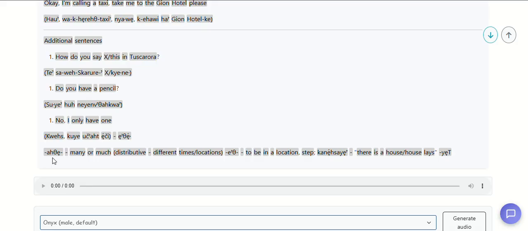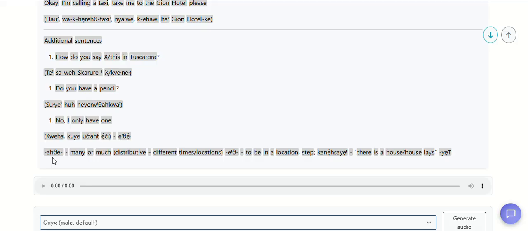So as I see more of these verbs and more of these sentences, if you go to the Tuscarora English side of Blair's dictionary and you look up just the Tuscarora words, sometimes you can find full sentences in the examples. Whereas on the English Tuscarora side, oftentimes those are only going to have the word you're looking for in English.